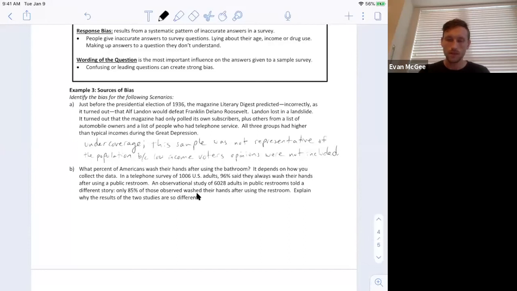Now, this one is an example of response bias because the people who are on the telephone are more likely to respond saying that they always wash their hands, even if they don't, because they want to avoid that embarrassment. But the observational study is not asking people, it's just observing how many people do actually wash their hands.